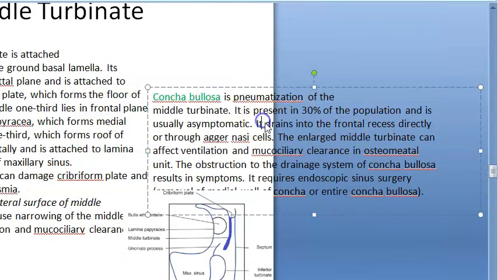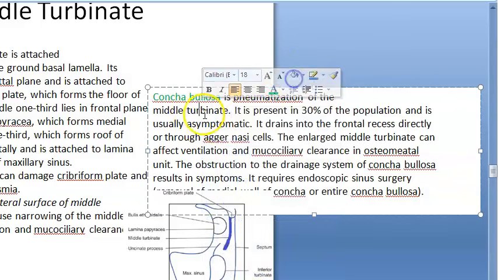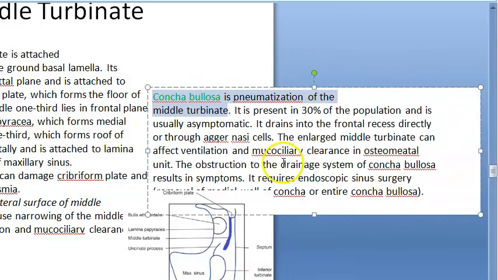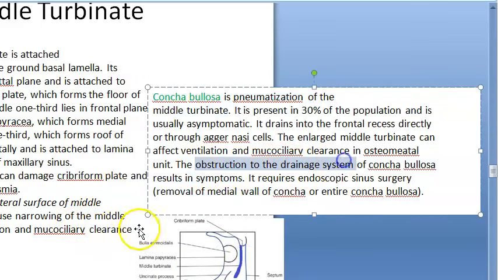Concha bullosa is the pneumatization of the middle turbinate. Okay. It is present in 30% of the population and is usually asymptomatic. So what is it doing? So if it is pneumatized, then it can have some drainage system, right? So the obstruction to the drainage system of this concha bullosa can result in symptoms.